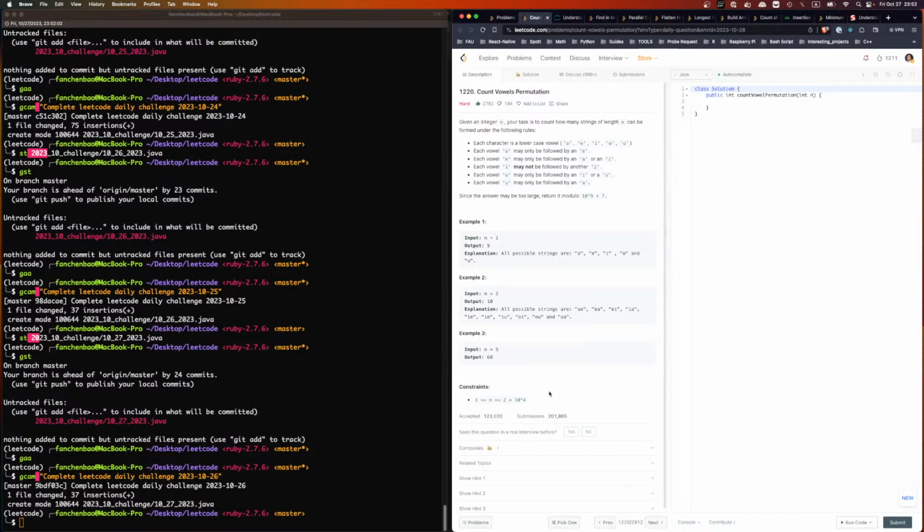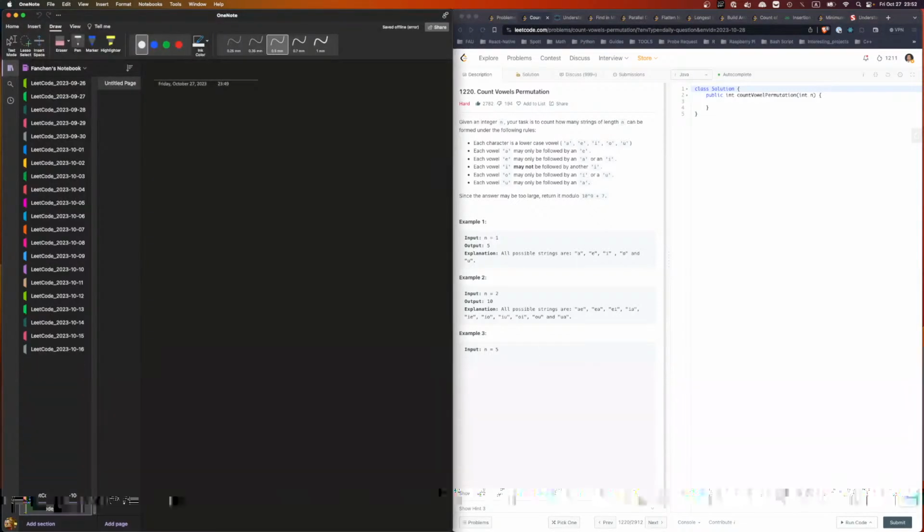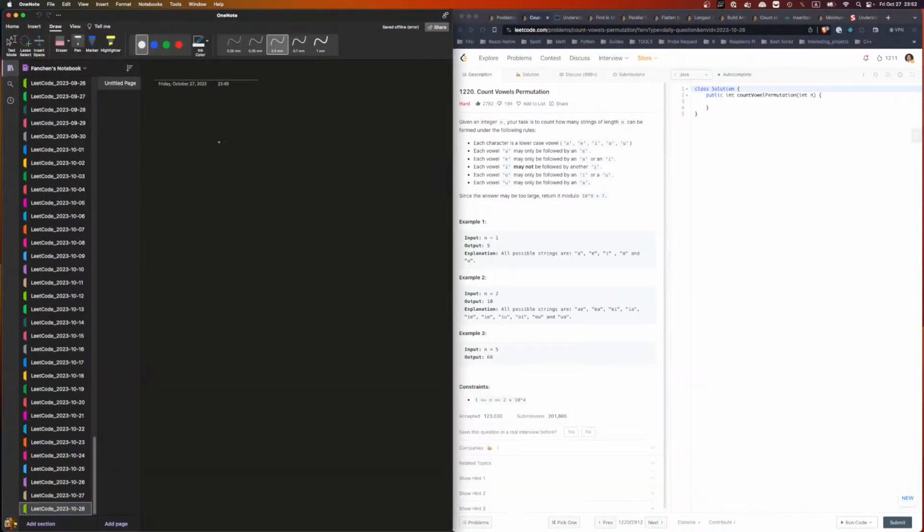I don't remember the solution, but I think it's one of the easy ones. So A may only be followed by an E. It's a graph, right? A will be followed by E. E may only be followed by A and I. It's a directed graph.